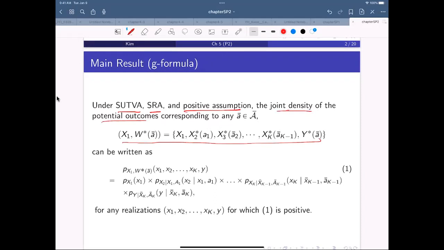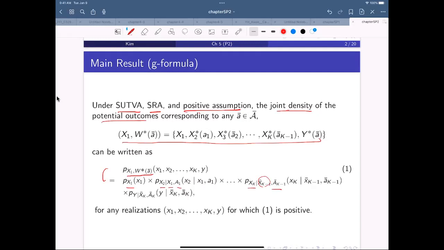But what we would like to utilize is this relationship. So basically, the joint density of these potential outcomes can be sequentially expressed as the observed ones. So you have X1 and X2 given X1 and A1, and so forth. So this bar, remember, is up to K minus 1, right? So this is all from X1 up to that time.